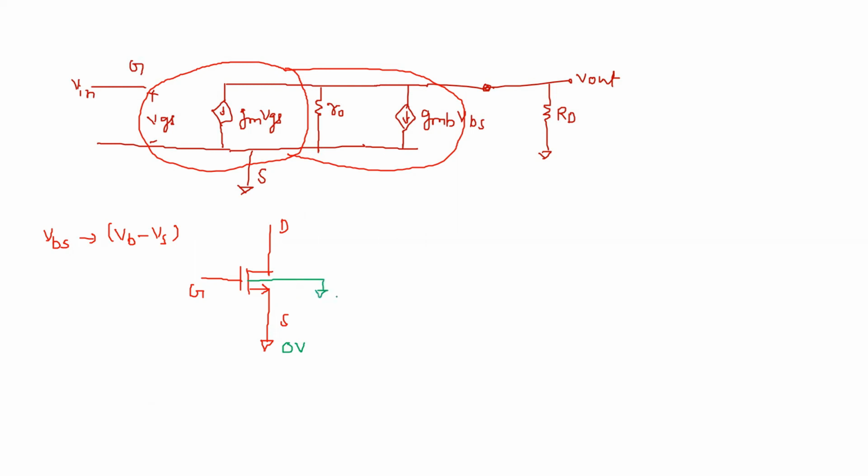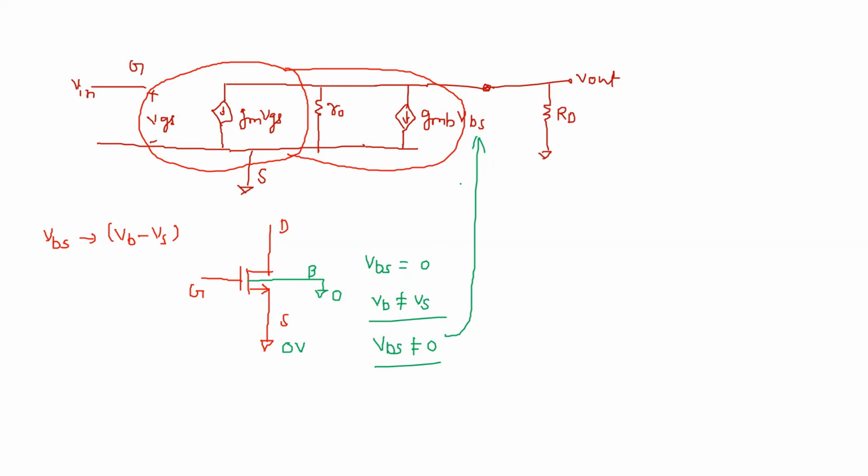If your body is at zero potential, then we'll see that VBS, that is the body potential minus the source potential, is zero. But if somehow your source is at higher potential or the body is at some different potential, if the body potential and the source potential are not equal, then we'll get this term VBS not equal to zero. In that case, this term of GMB VBS will come into the picture. So this is the basic concept.